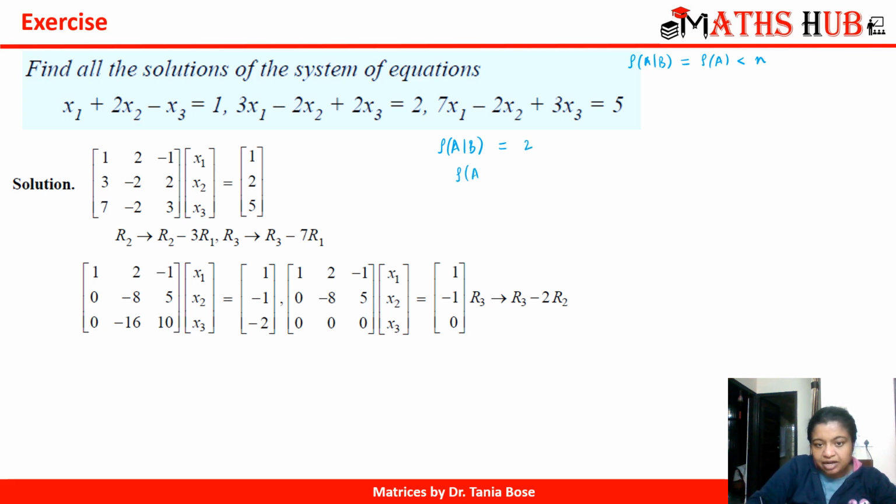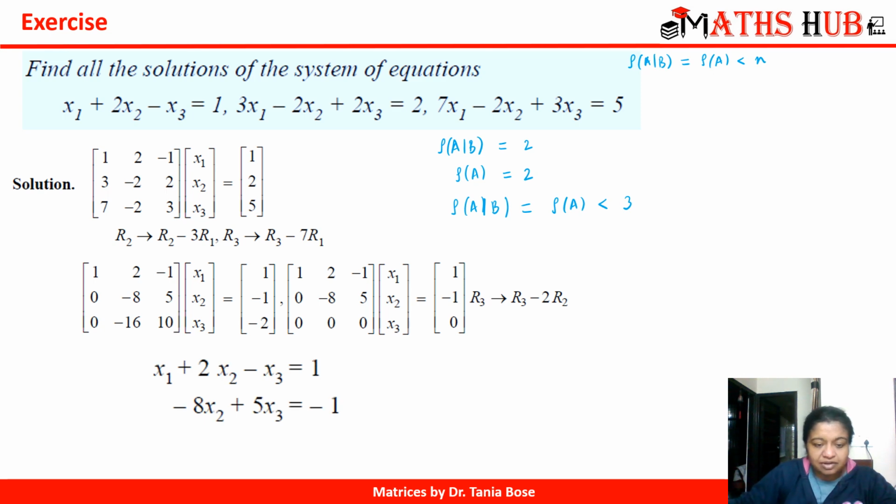And if you find the rank of A, hiding the B matrix, you will again find that there are 2 non-zero rows. So rank of A augmented B is equal to rank of A and it is less than 3. So it is definitely going to give infinitely many solutions.